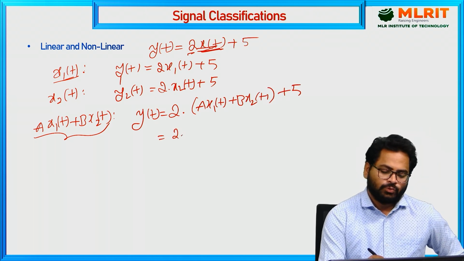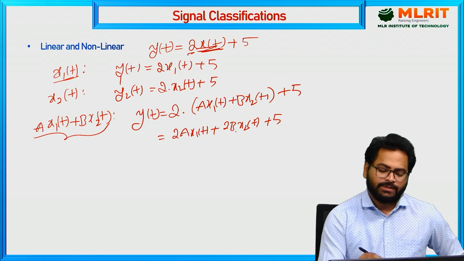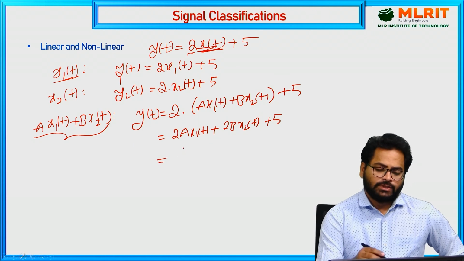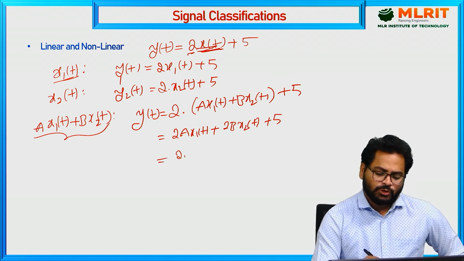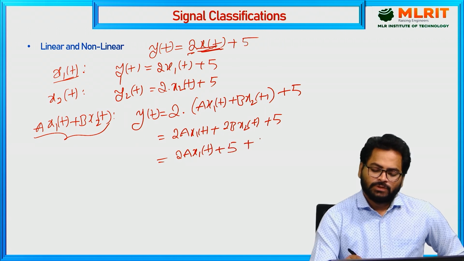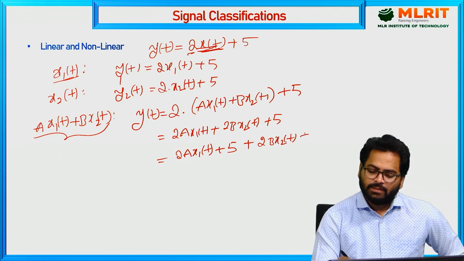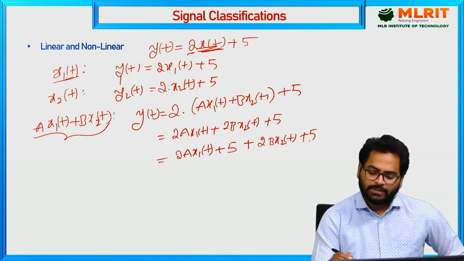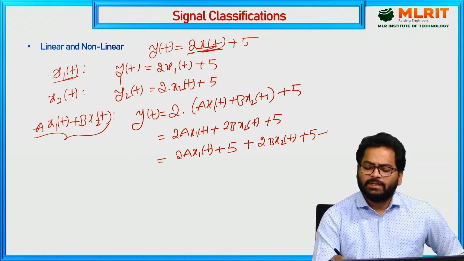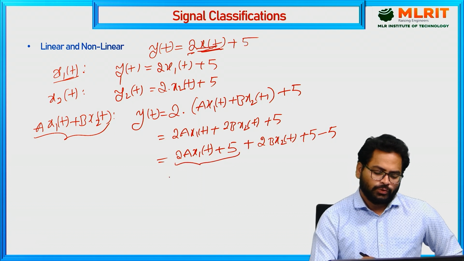Now we can write 2 into a into x1 of t plus 2 into b into x2 of t plus phi. If I add plus phi, then I can write the minus phi.